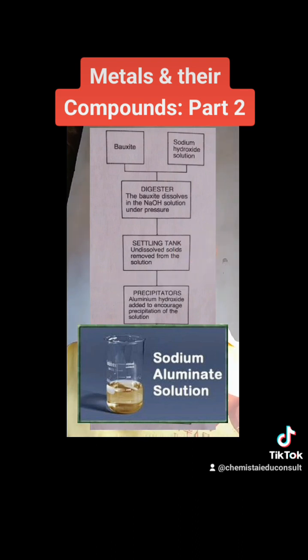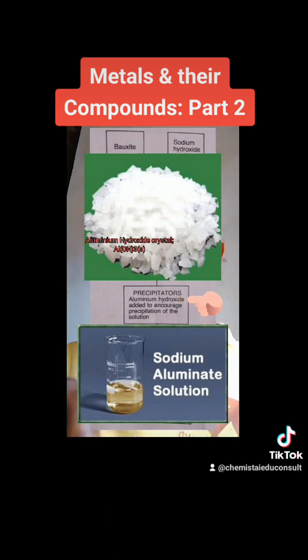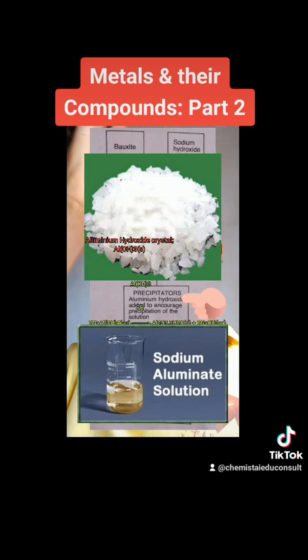Now, after that, we go to the precipitator. Here, the filtrate, which is sodium aluminate, is seeded with aluminium hydroxide crystal. We just add a small crystal of aluminium hydroxide into it. It is called seeding because it's going to induce precipitation of aluminium hydroxide from the sodium aluminate.